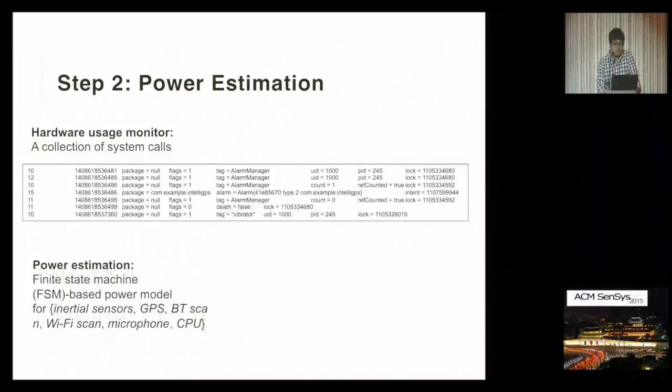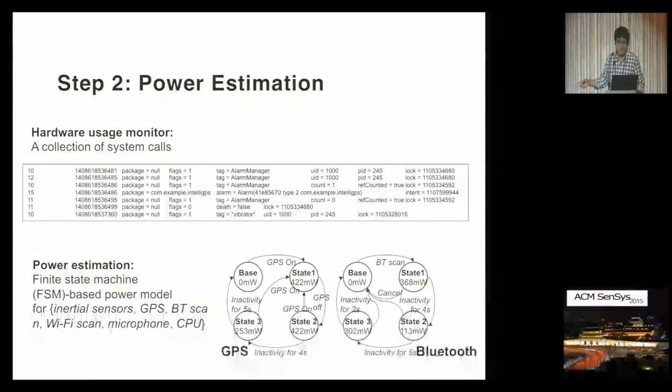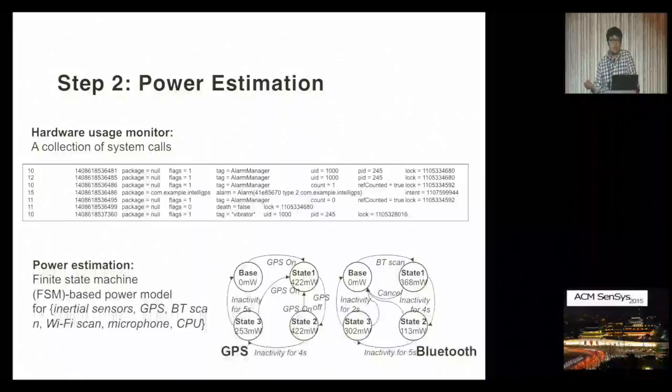For power monitoring, we consider diverse hardware components, including inertial sensors, GPS, Bluetooth scan, Wi-Fi scan, microphone, and so on. And these are example models made based on system calls for GPS and Bluetooth on Nexus S phones.